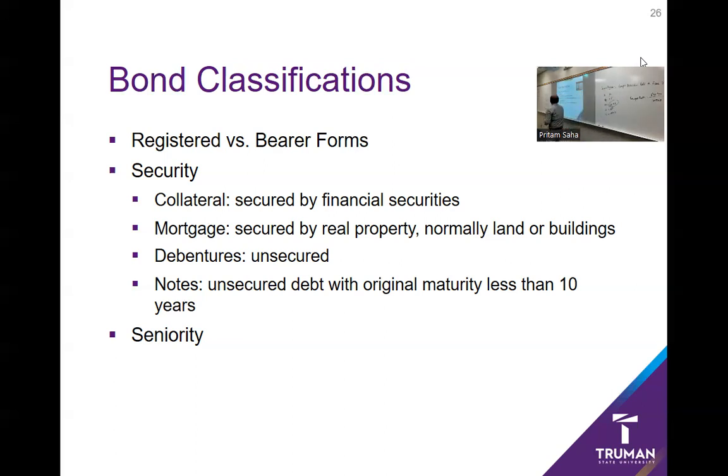Sometimes, if corporations issue two similar sorts of debt, they have to declare which one is senior. Because in times of default, senior bonds will be paid before junior. So they just have to declare: my bond A is senior, my bond B is junior. But they could be exactly similar. At default, bond A will be paid first. Questions?